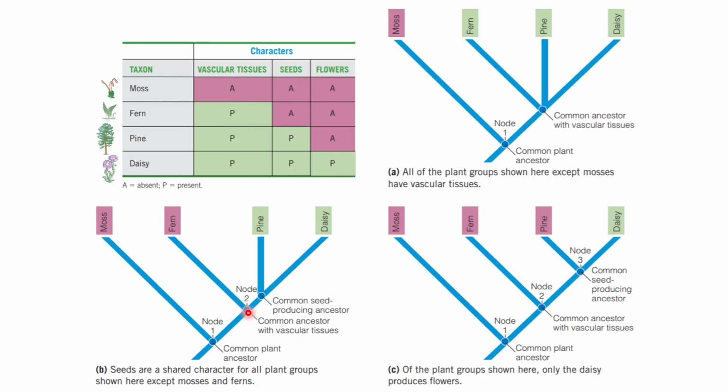Note that pine and daisy are more similar to one another than to any other groups. The presence of a common ancestor at node 3 indicates this relationship.